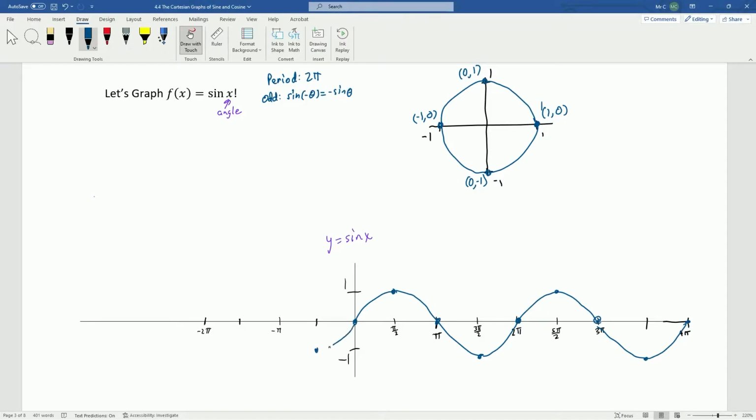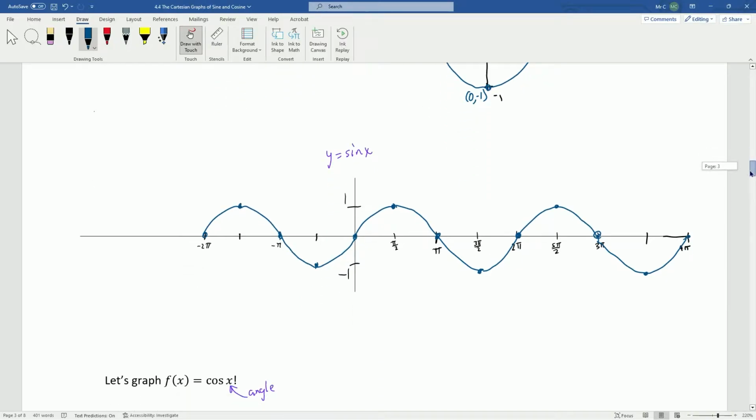Either way, we see that the graph for sine should go like this once we're moving towards the left. Well, that got a little sloppy there. Let's try that again. There. And of course, this graph, any angle works on the unit circle because you can just keep circling. So we can send this graph as far in either direction as we want. That'll be fine. But this is enough. Okay, so that's our graph of sine.